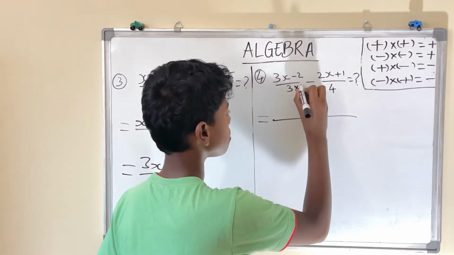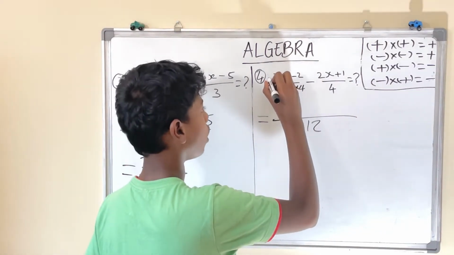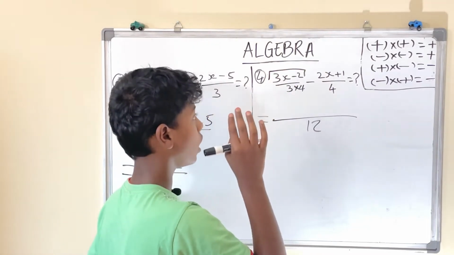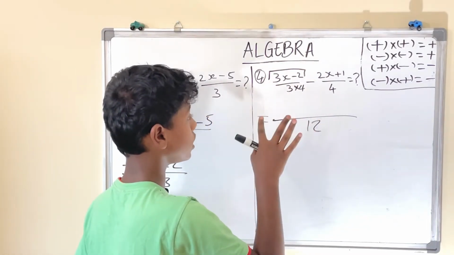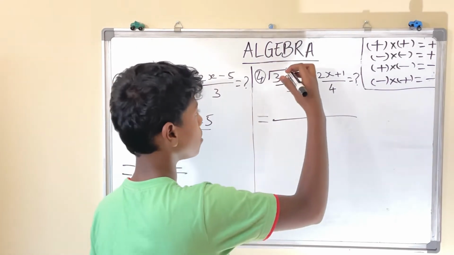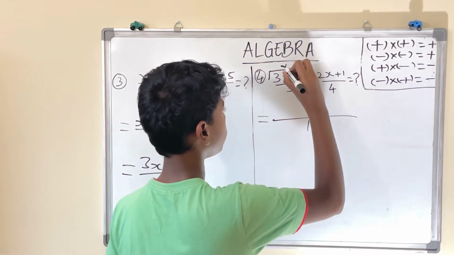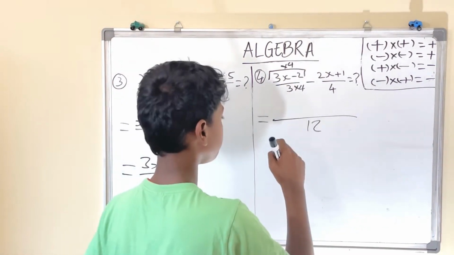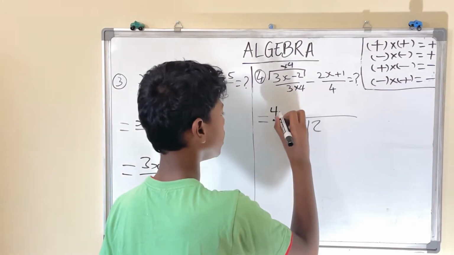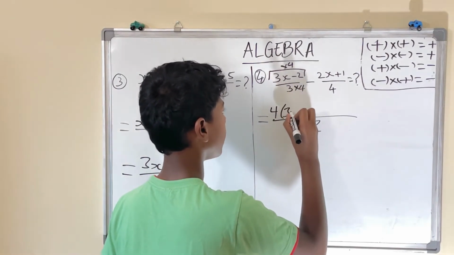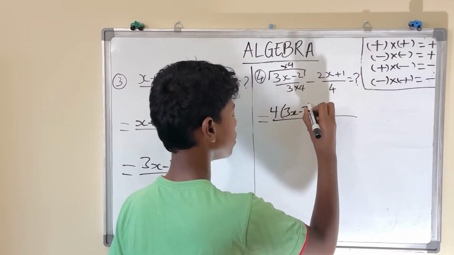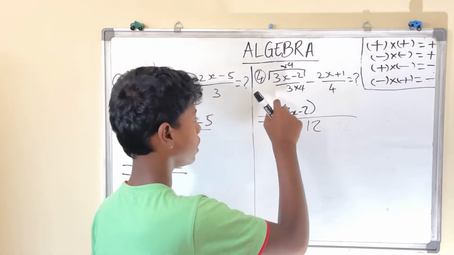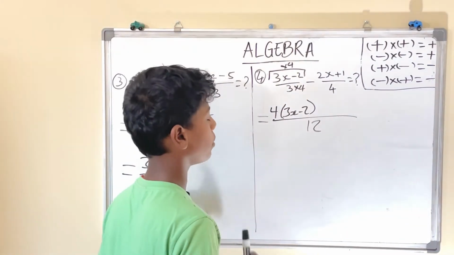So we multiply this by 4. And our top numerator, which is 3x minus 2, both of them is our numerator. So we also multiply the whole part by 4. So we're going to write 4, and then we're going to write bracket 3x minus 2, which means we're multiplying 4 by both of them in our brackets.